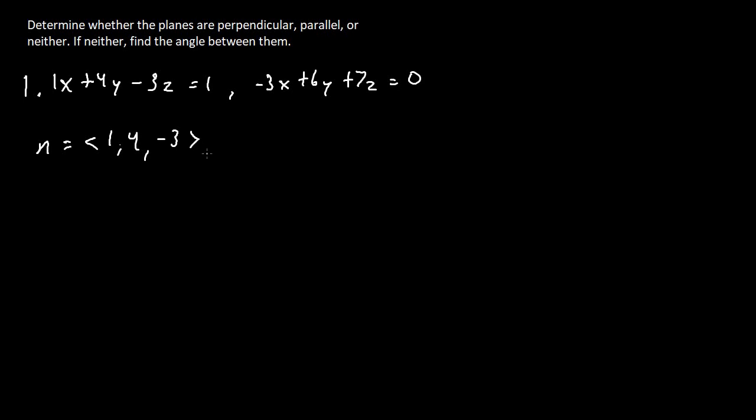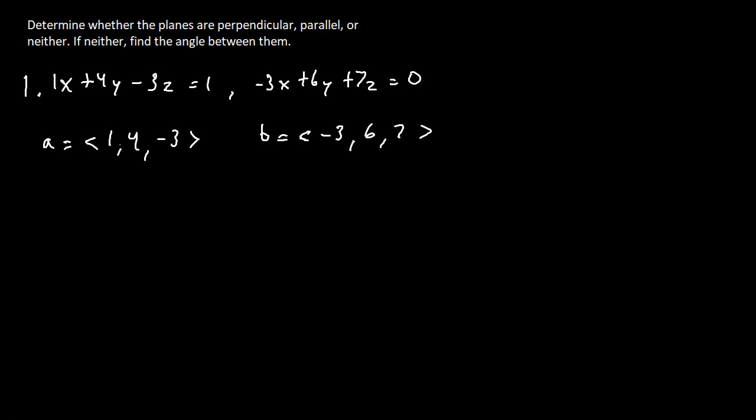So that is going to be the components of the normal vector for x plus 4y minus 3z equals 1. Now for negative 3x plus 6y plus 7z equals 0, the normal vector for that one is going to be negative 3, because that's in front of the x, positive 6, and positive 7. Let's call the first vector a, and then for the second vector, let's call that b.